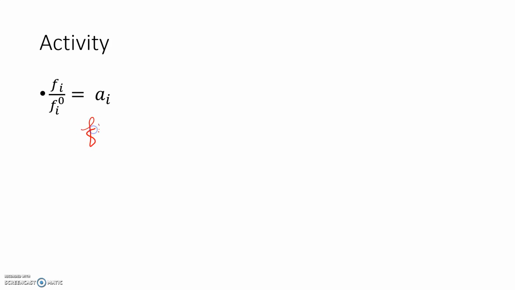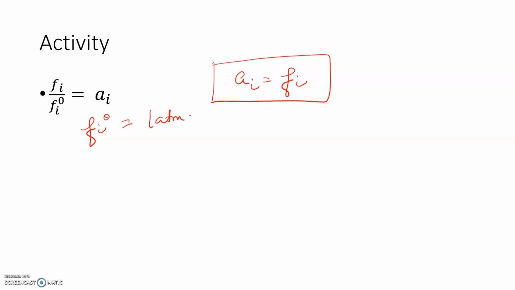For gases, Fi0 is 1 atmosphere. In such a case, activity and fugacity are identical. Whereas fugacity is valid mainly for gases, activity is valid for liquids and solids.